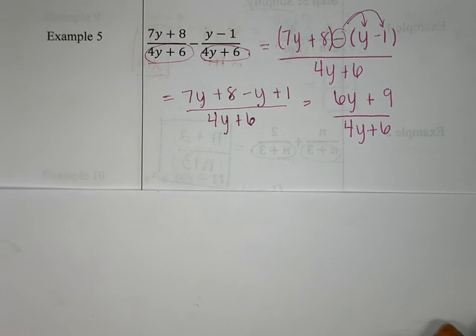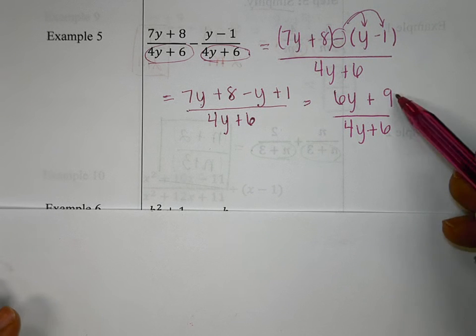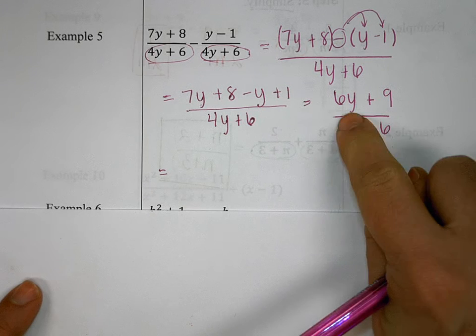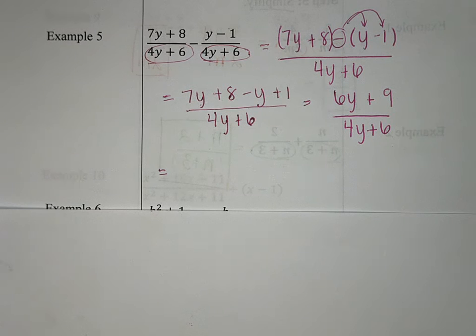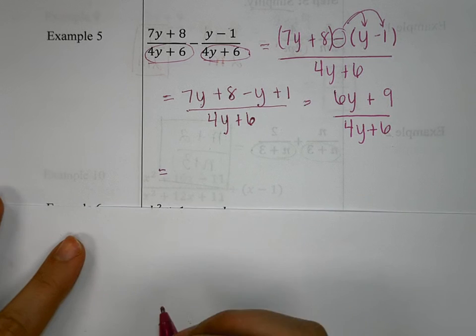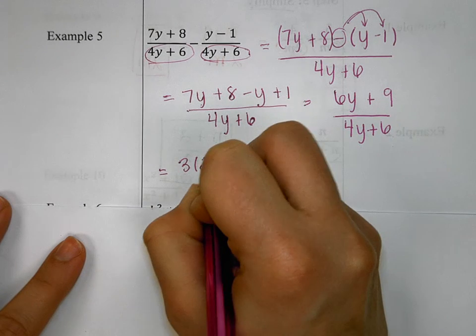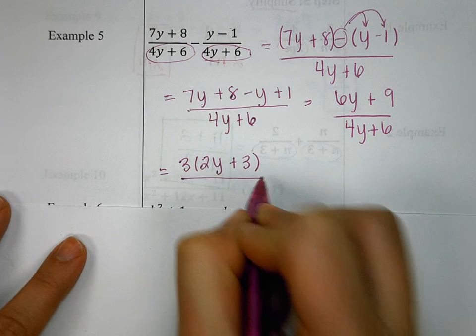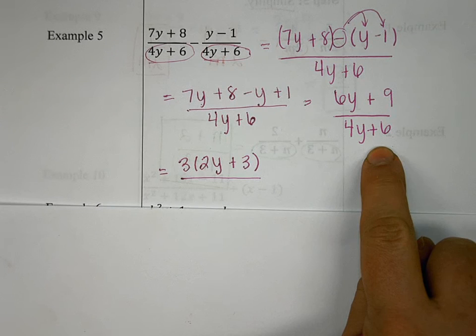No. Can I factor these guys? Yeah. 6y plus 9. How does that factor? GCF of 3. So that's going to give me 3 times 2y plus 3 over, does the denominator factor? Yes.